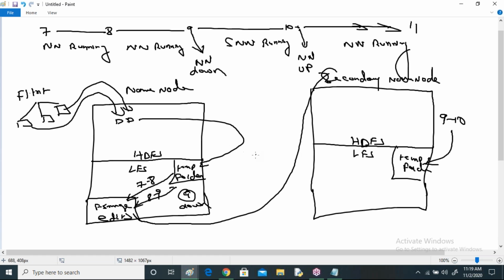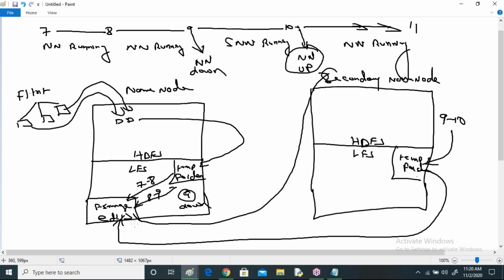At 10 o'clock, when the name node is up, the secondary name node cannot write or update into FS image or edits. It can only read.